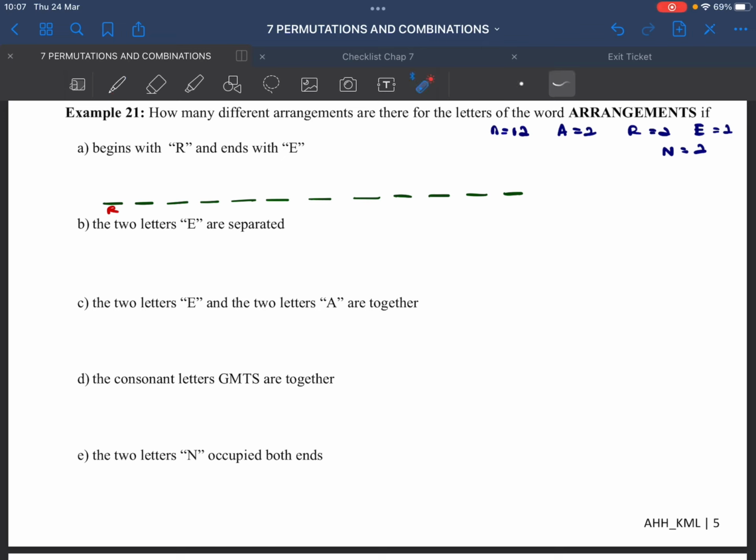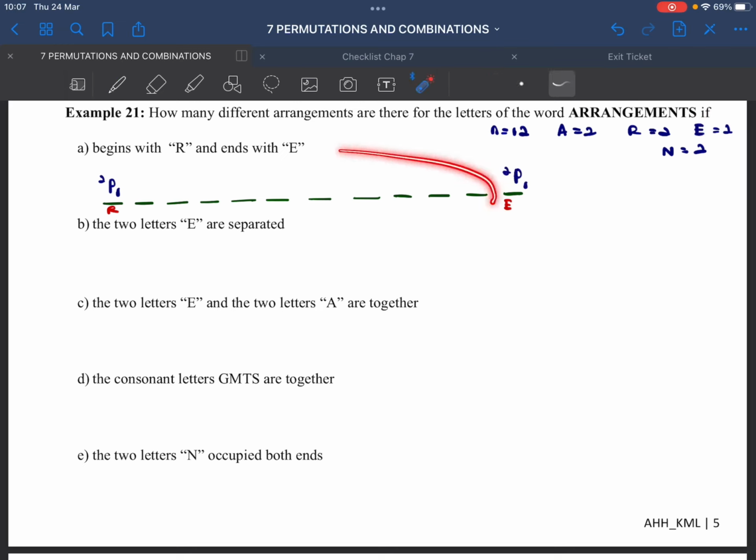So R ada berapa? R ada 2. Nak letak dekat berapa tempat? 1 tempat. So straight away dia akan jadi 2P1. Okay, ataupun 2 sahaja pun boleh juga, 2P1. Ends with E. So di sini mesti kena E. E ada berapa? 2. Nak letak dekat berapa tempat? 1. So that's gonna be 2P1.